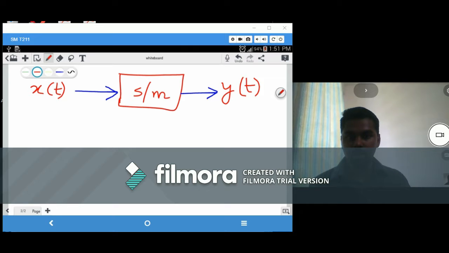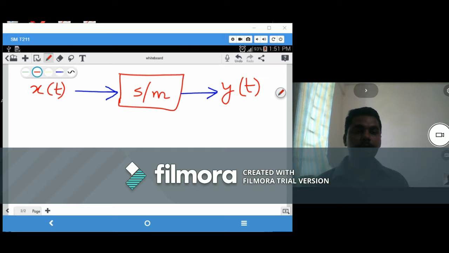So here the functions that we choose are functions of time, as we told earlier that we will be commonly dealing with functions like voltages or current that are common in electrical electronics engineering.